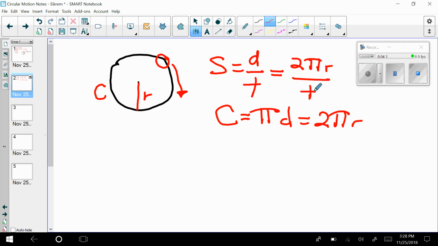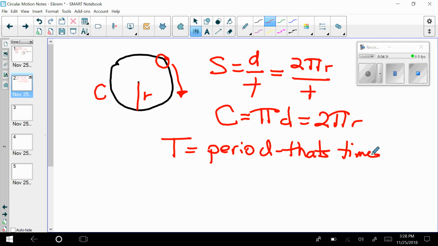Okay? That time, a lot of times, is called big T, and that's called the period. And that's the time it takes the object to travel in one complete circle.